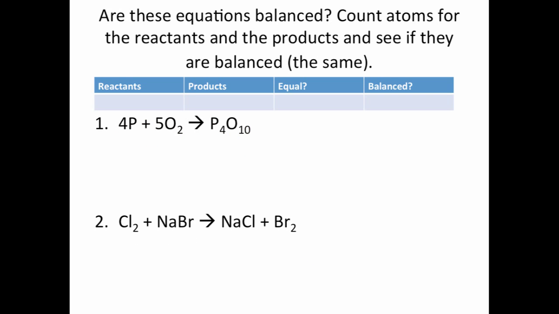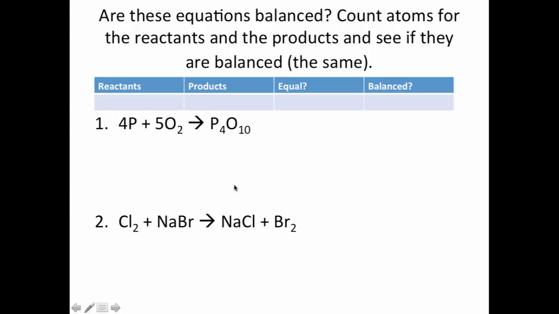So let's look at these equations. The way I'm going to want you to do this, and I'll walk you through it in class, is the first step is always draw a line through the arrow. That way you're dividing your reactant side from your product side. Second thing is I want you to list all the elements involved. So it would be phosphorus and oxygen, phosphorus and oxygen.